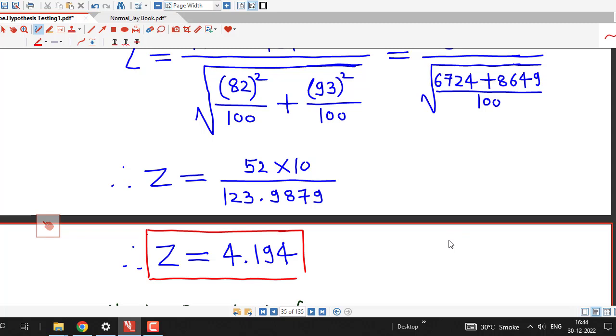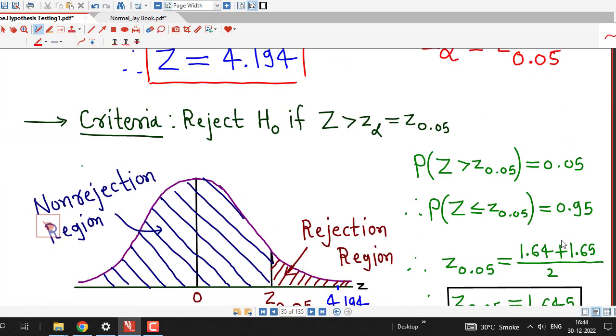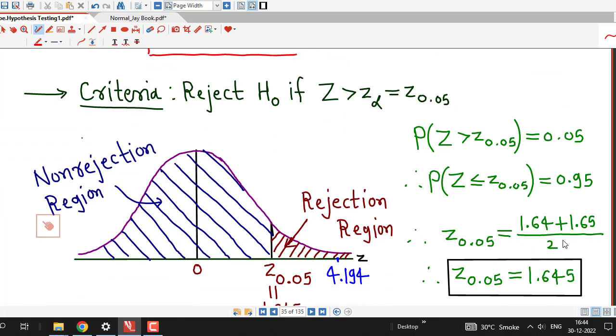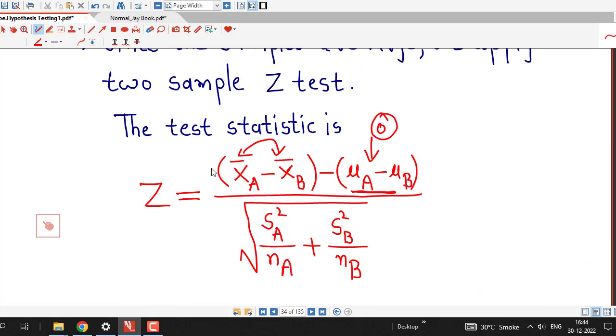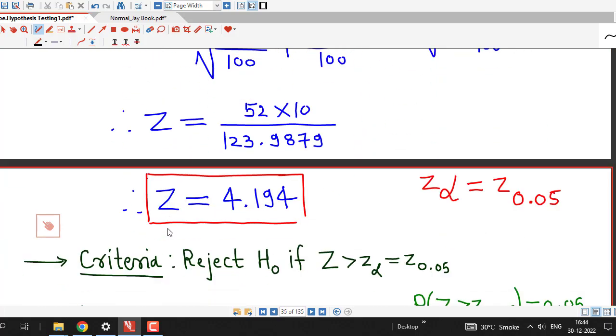Now what we can do is decide the corresponding critical value for alpha equal to 0.05. Because sample sizes are large, we know that this Z is a standard normal random variable, therefore its distribution is the standard normal distribution.